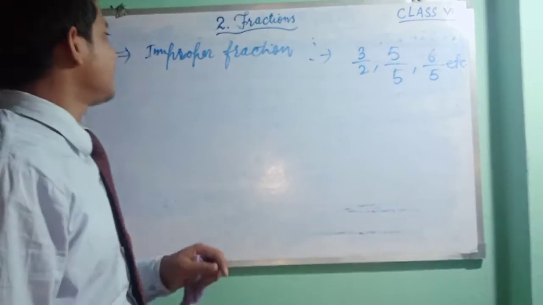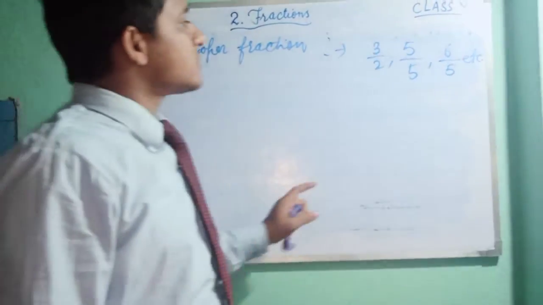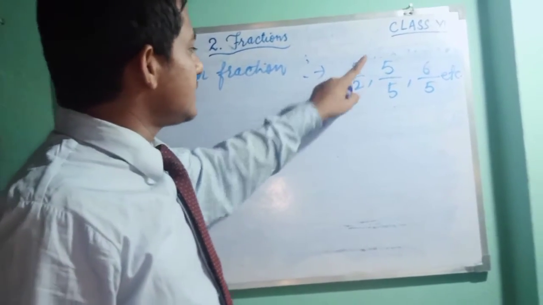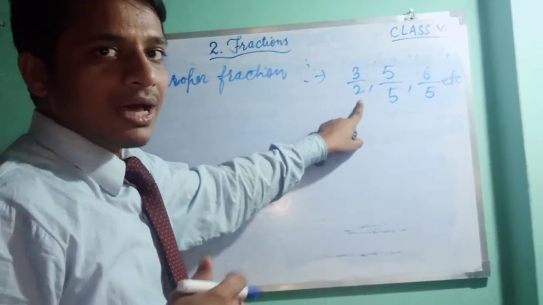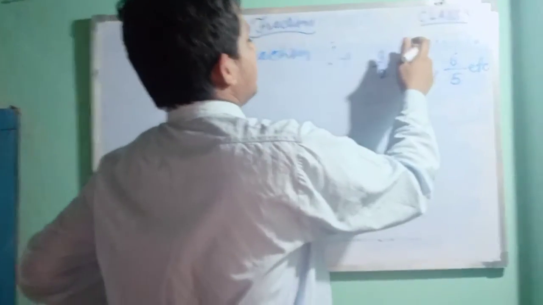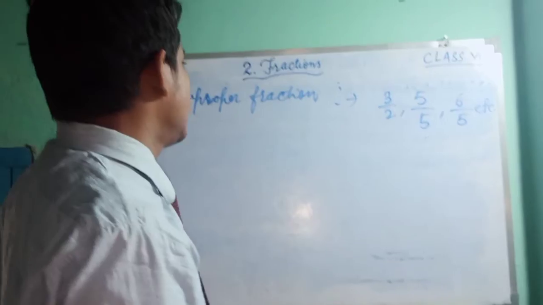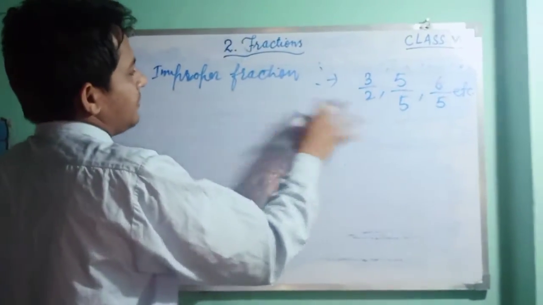Now once again, a fraction whose numerator is greater than its denominator, or whose numerator and denominator are the same, is called an improper fraction.